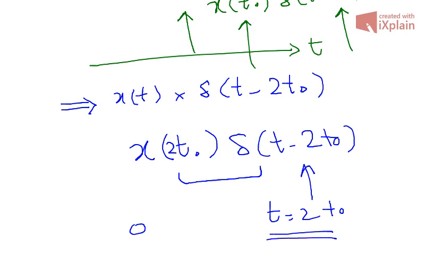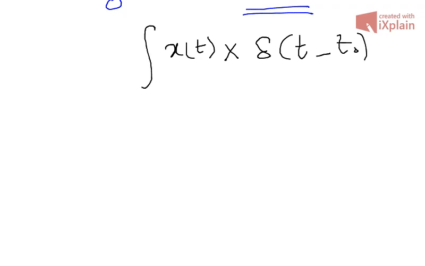Now suppose you want to multiply x of t with delta of t minus t naught, and you want to integrate it from minus infinity to plus infinity. What do you get?